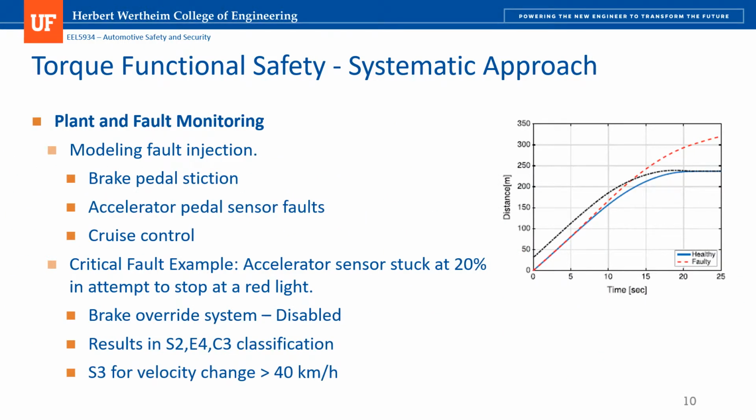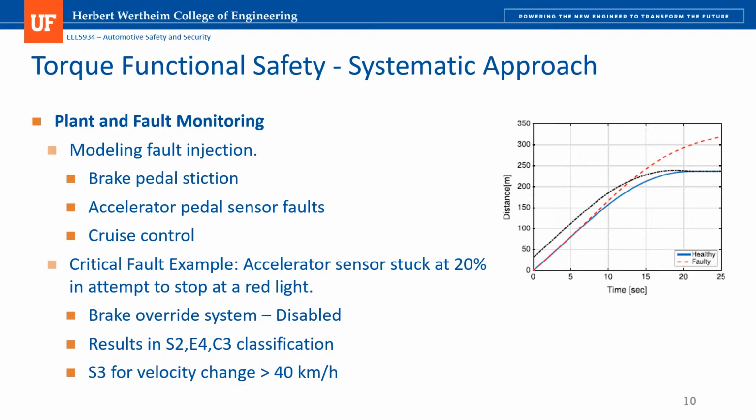So the next phase in modeling this system is to do fault modeling of the system. One of the approaches for this would be to inject faults into the system, whether it be brake pedal stiction, the accelerator pedal sensor fails, or the cruise control system has malfunctions in it.